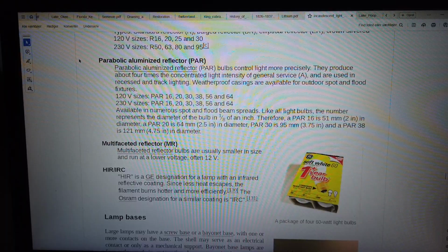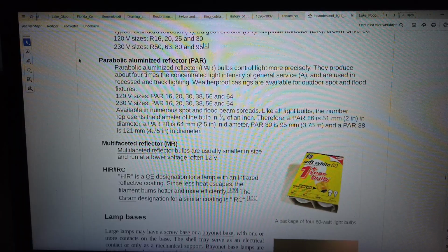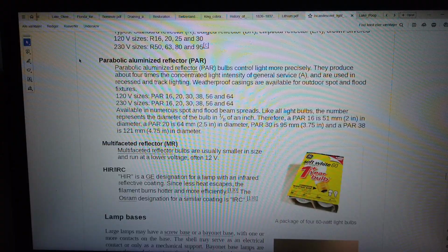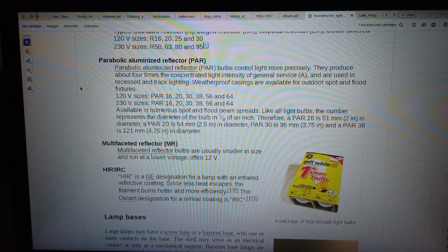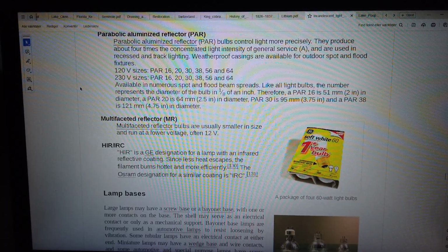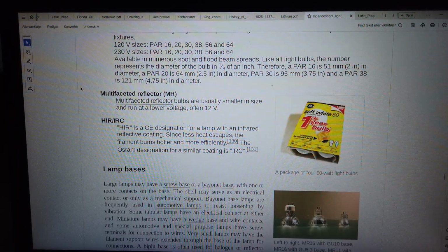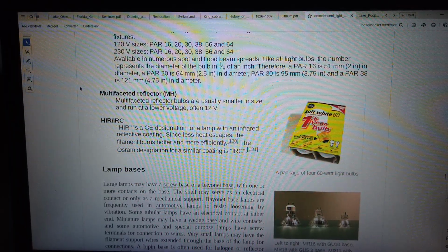Weatherproof casings are available for outdoor spot and flood fixtures. 120V sizes: PAR16, 20, 30, 38, 56 and 64. 230V sizes: PAR16, 20, 30, 38, 56 and 64, available in numerous spot and flood beam spreads.